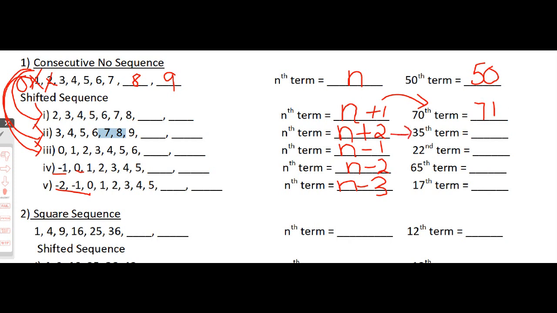The 35th term for this will be 35 plus 2, 37. Then the 22nd term will be 22 minus 1, 21. The 65th term will be 63, and the 70th term will be 50.